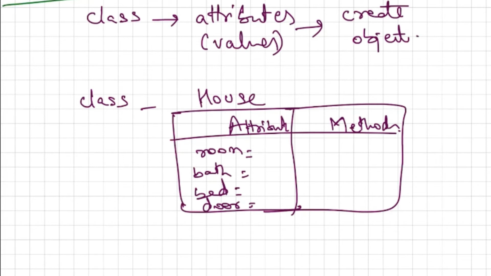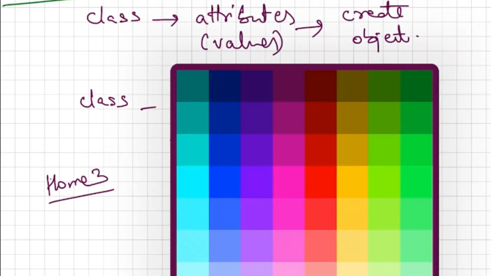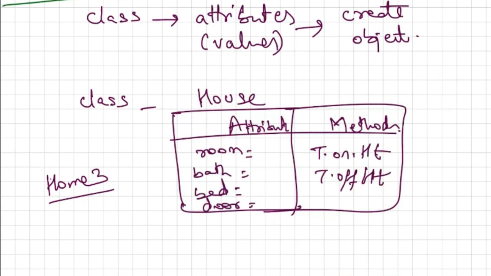Say for example, for this object home3, the properties are, and then turn on heat, turn off heat. Let's see, the values are for the room: we have 3 rooms, 2 bath, 5 bed, and then 2 doors or whatever.